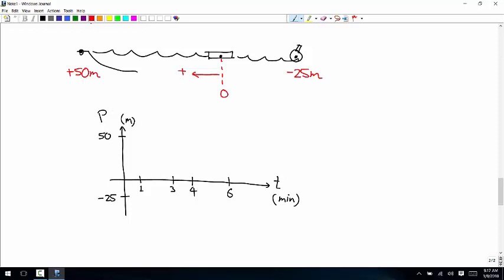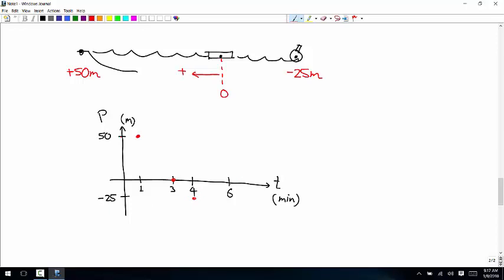And so the swimmer is going to start at positive 50 at time 1 minute. At time 3 minutes, the swimmer is going to get to the raft. That's 0 location. At 4 minutes, the swimmer is going to get to the location negative 25.